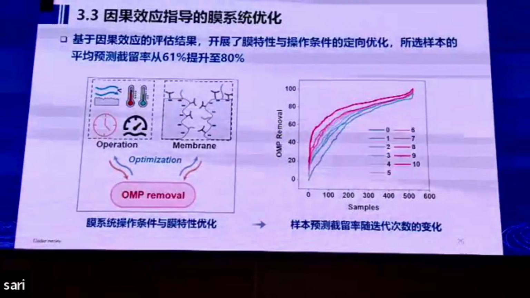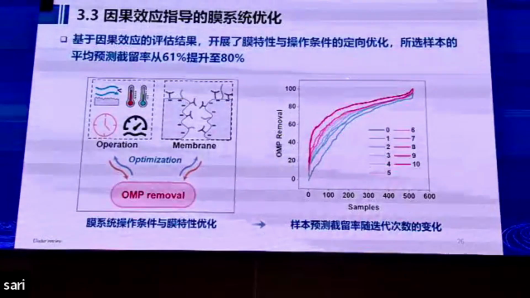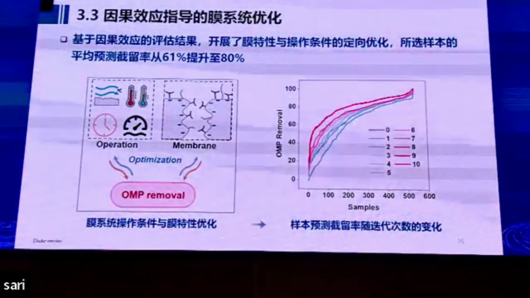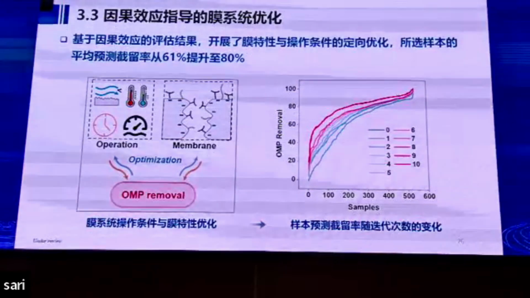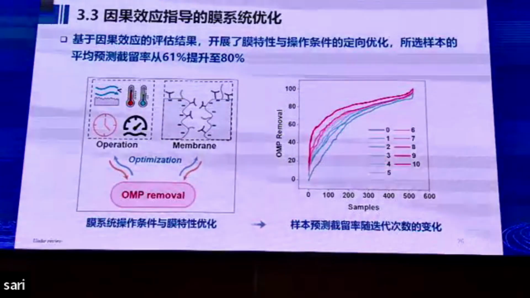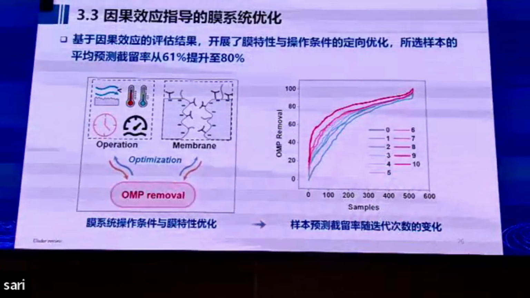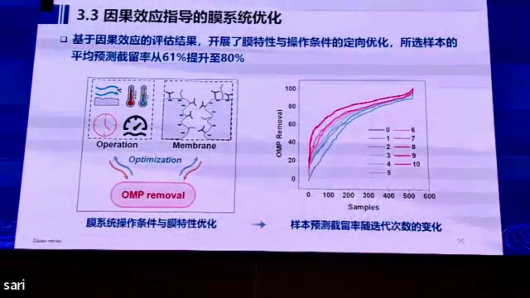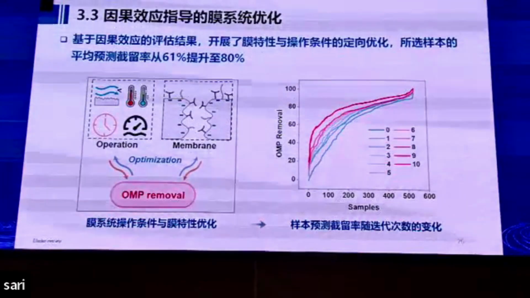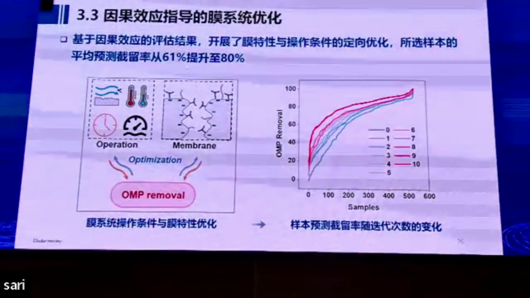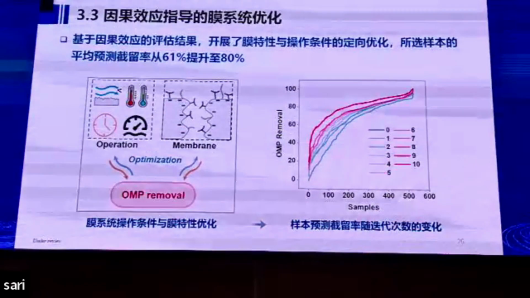So we intended to fix the pore size and see if we optimize the charge or the hydrophilicity of the membrane, what's the upper bound of our material optimization? You can see that the average rejection of the OMP can improve from 61% to 80%.